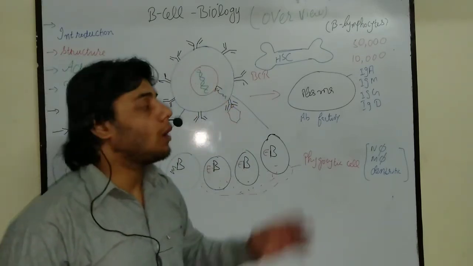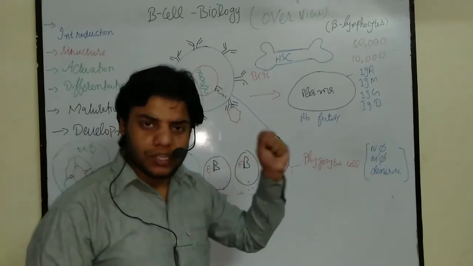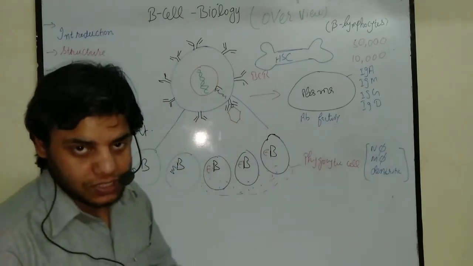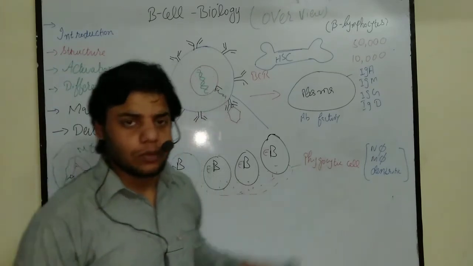If you want to know about B cell development, origin and formation, I recommend you watch the hematopoiesis lecture, which I already explained. You can go back and watch that video lecture.